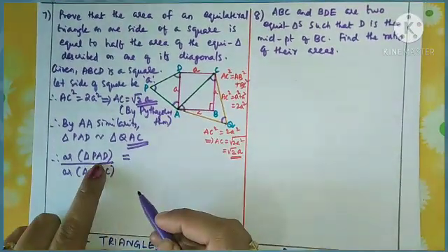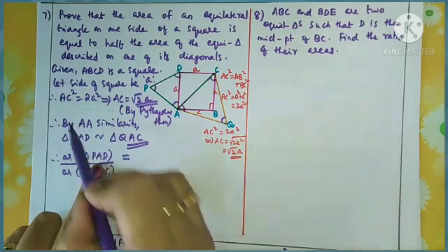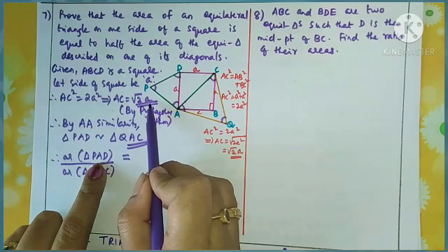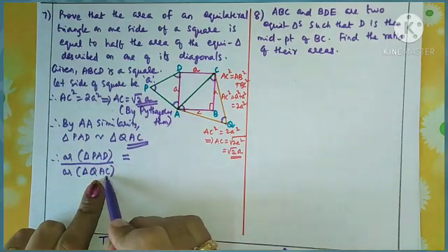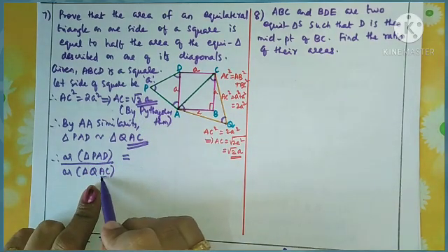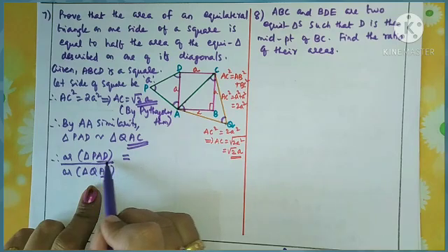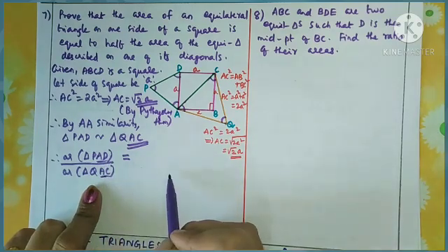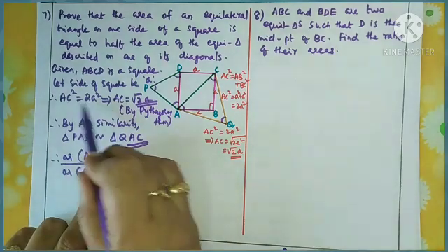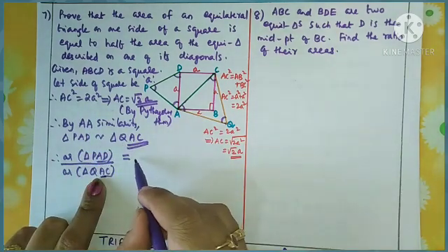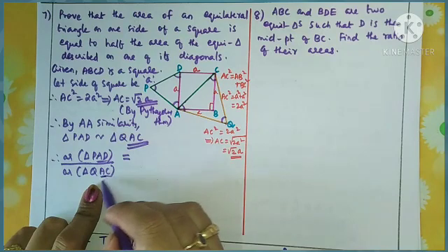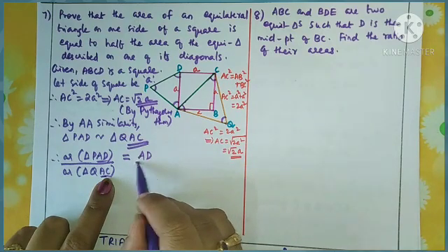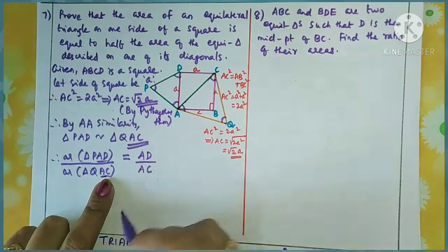So here you see, we know the value of AC. What is AC? AC is root 2 A. So this AC corresponds to which side from the names of the two triangles? AD. Okay, AC corresponds to AD. So that ratio we are taking because we know the value of AC. So the ratio of the areas of two similar triangles is equal to the square of the ratio of the corresponding sides, by theorem.